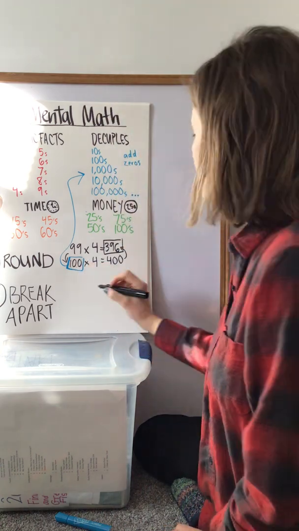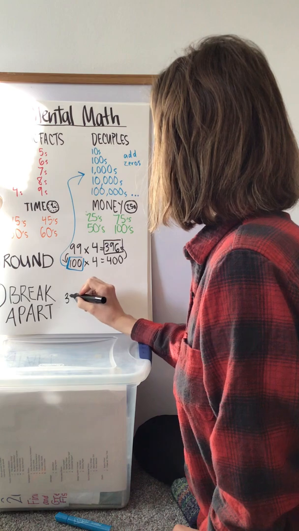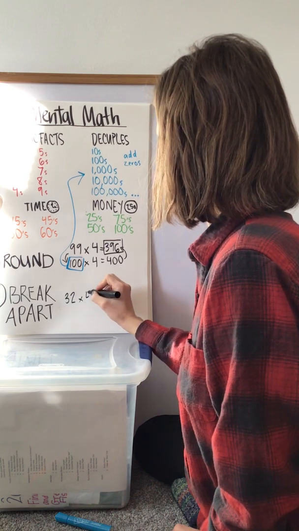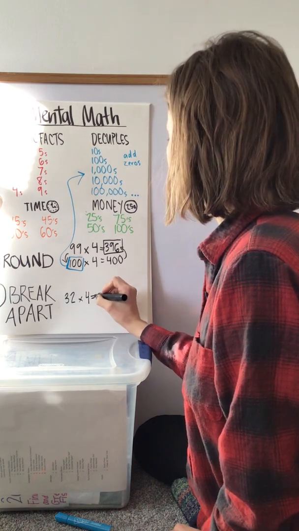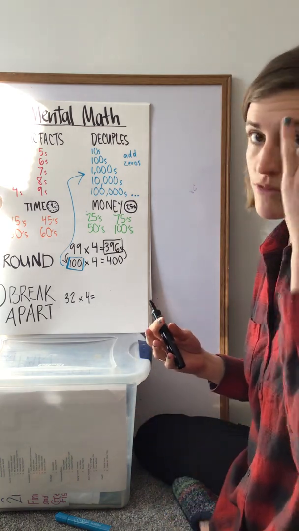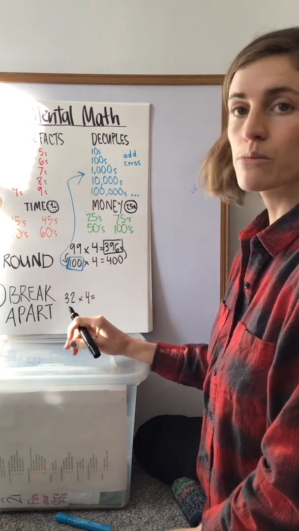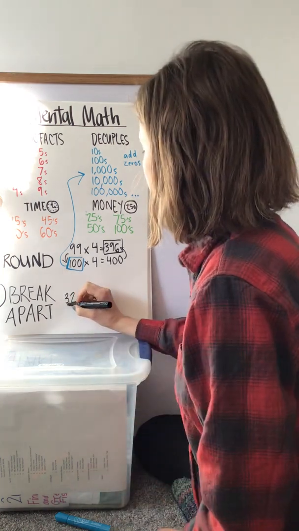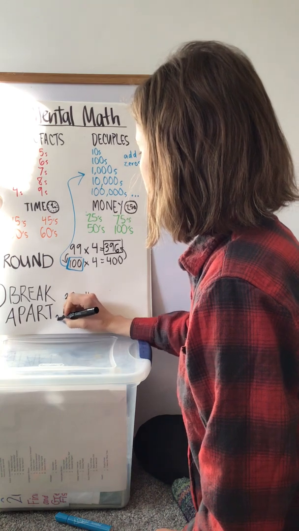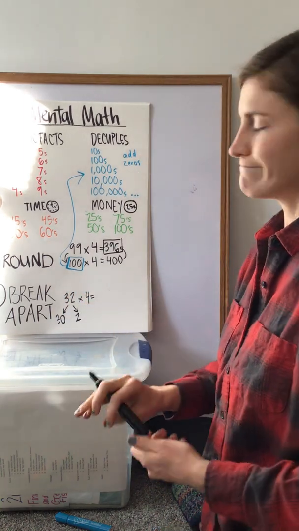For example, if I gave you the problem 32 times 4, I don't know the answer to that off the top of my head. But I can take this number 32 and break it up into 30 and 2.